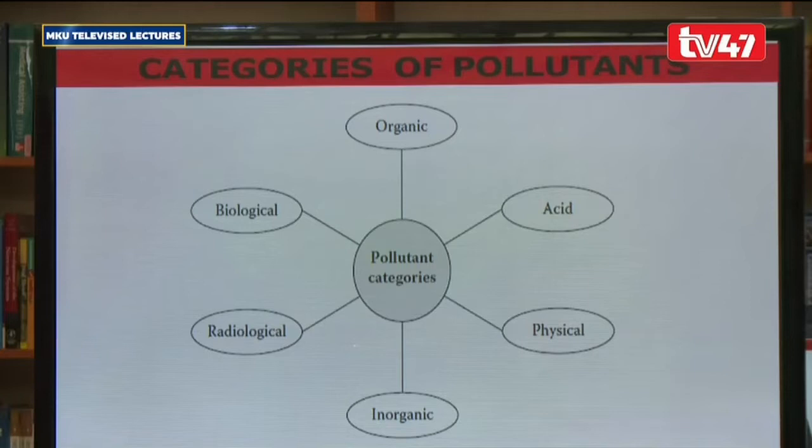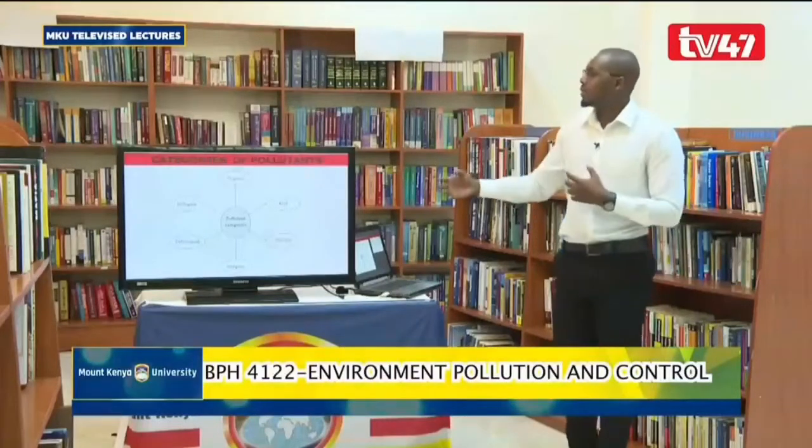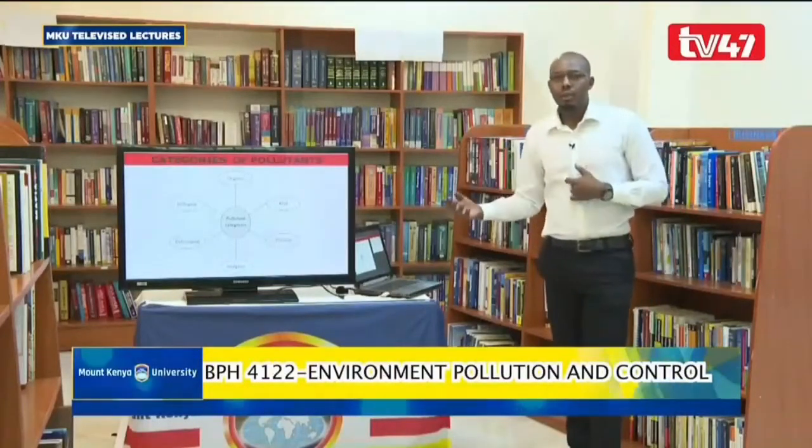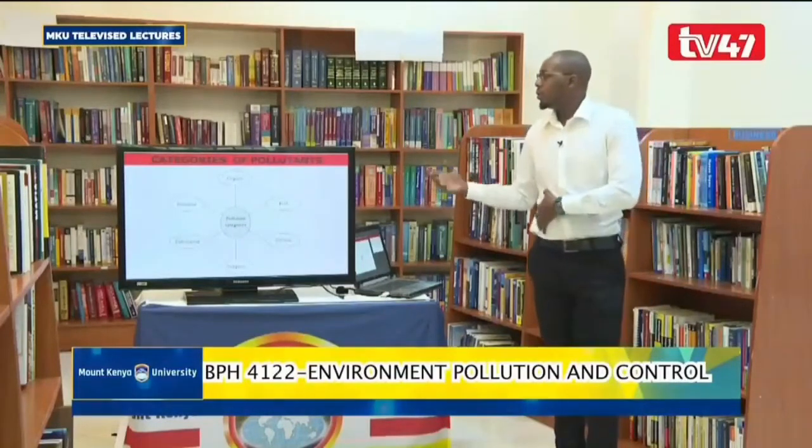An example of a pollutant is radiological. A radiological pollutant has to do with elements of nuclear activity. Nuclear activity can cause nuclear substances, resulting in a radiological form of pollution.